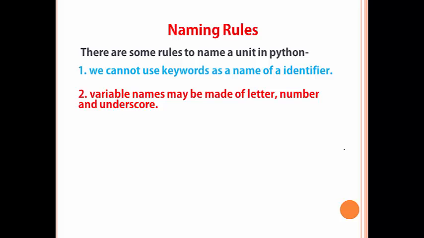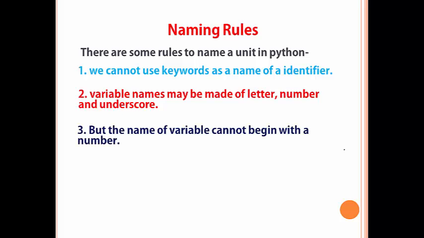But there is still something more to bear in mind. The name of a variable cannot begin with a number, which means you cannot start the name of the variable with a number. Suppose you want to give a name to a variable and you start it with, let's say, 0px.